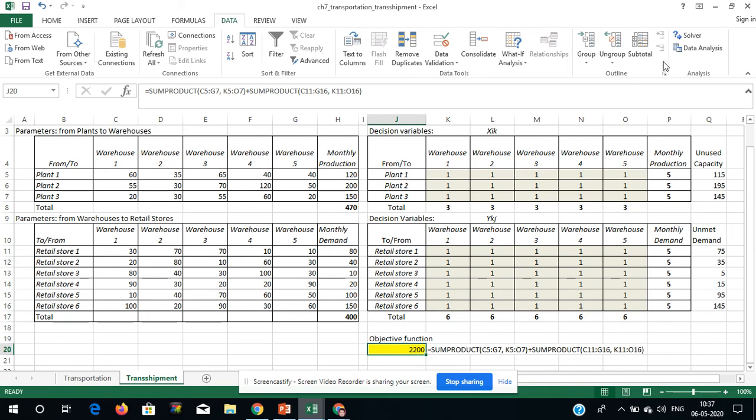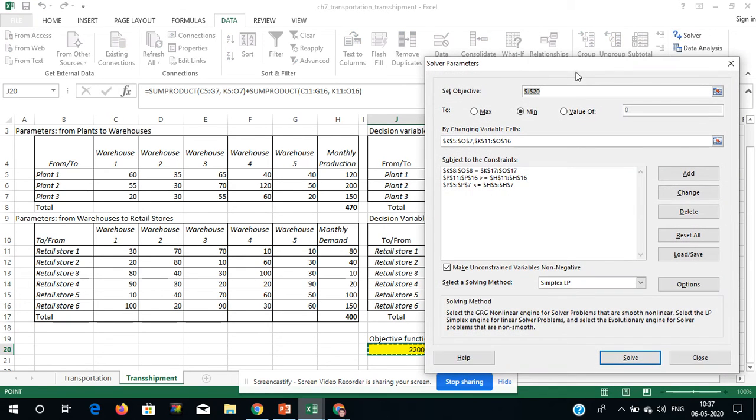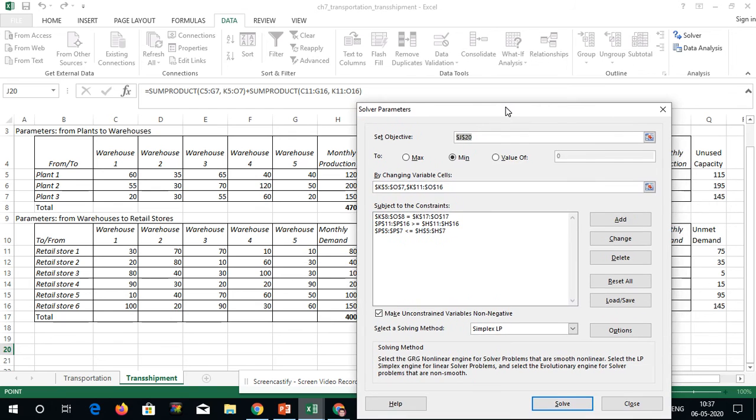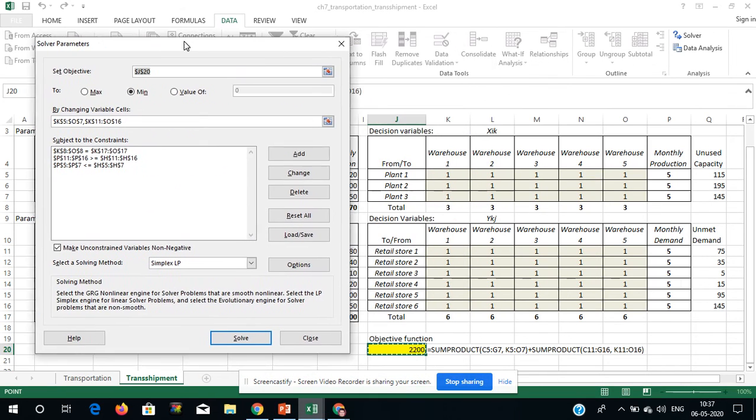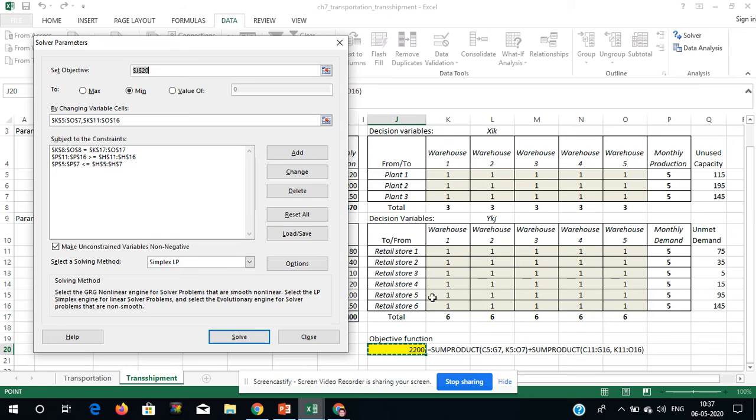So we are going to take help of Solver, and in Solver, of course, we want to minimize our objective function, which is the total cost, by changing the variable cells. So these decision variables are K5 to K7, which I put all as one.